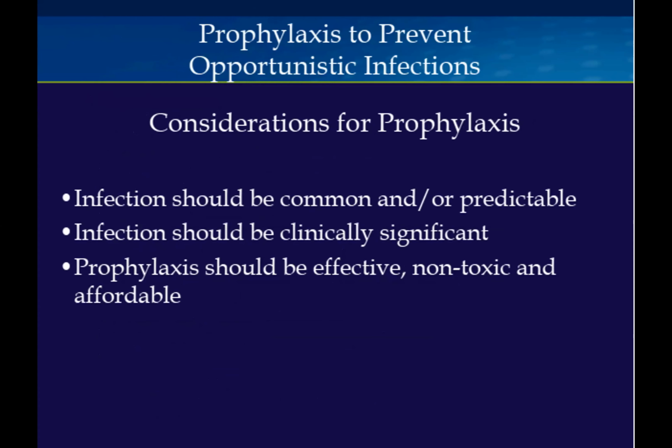So when we talk about prophylaxis, a few things need to be considered. The infection for which we are giving prophylaxis should be common and predictable, as I was mentioning in the beginning itself, and it should be clinically significant. Unless it is clinically significant or predictable, there is no point in giving drugs for those particular infections.